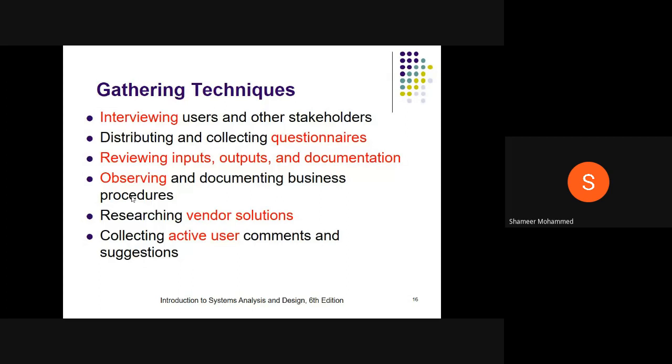Also collect the active user comments. Active users means the current users who are using the system now, not the old users. You should not ask the old students of the SIS system. You should ask the current users, those in 2020 or 2021, who are using it in this academic year, in order to collect the information.